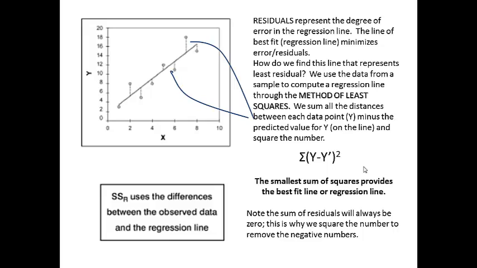We sum all the distances between each data point. Perhaps you remember this from our previous lecture. The smallest sum of squares provides the best fit line or regression line. So when we do regression, we calculate beta weight, and then we run an additional test to make sure that this line is the best line. It's called the sum of squares residual.